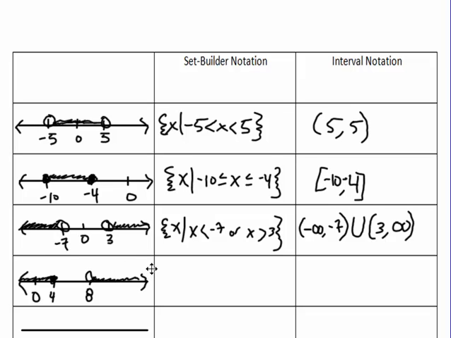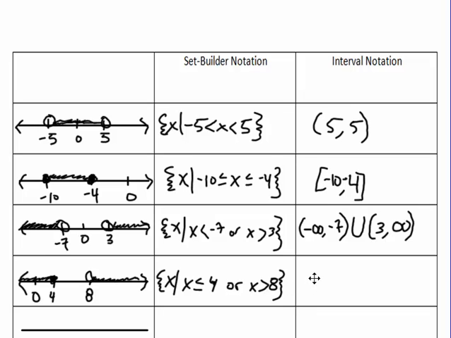So in set builder notation, it's the set of x values such that x is less than or equal to 4, or x is strictly greater than 8. We close it that way.